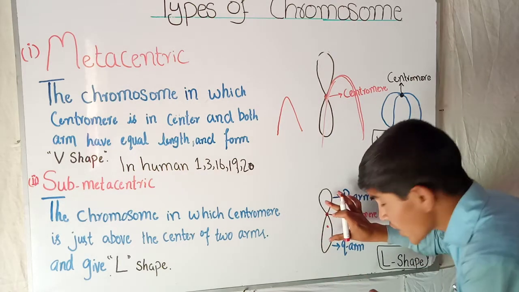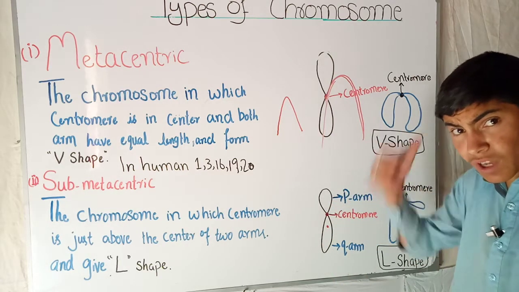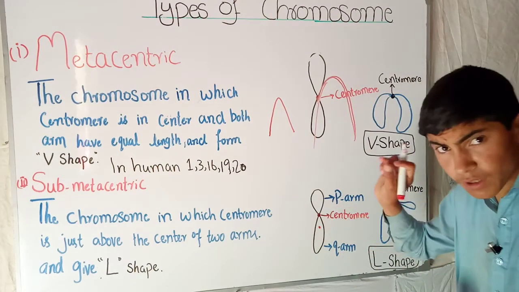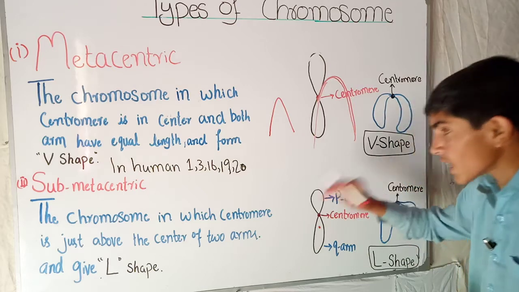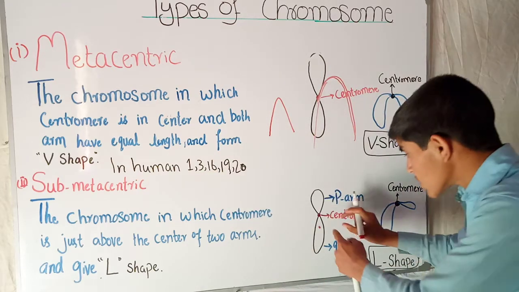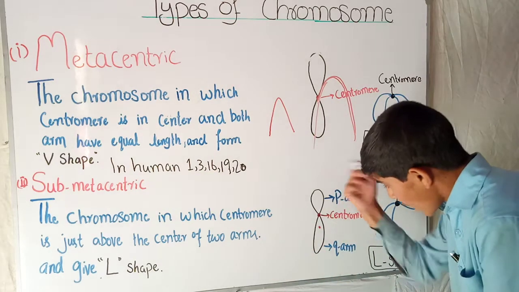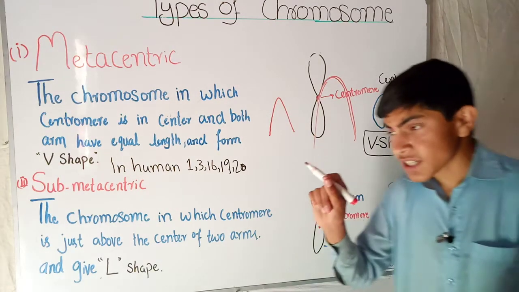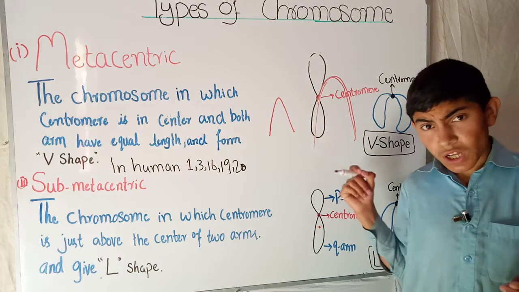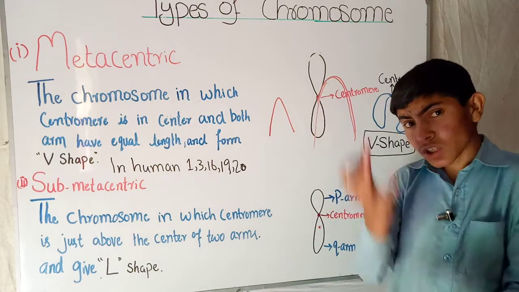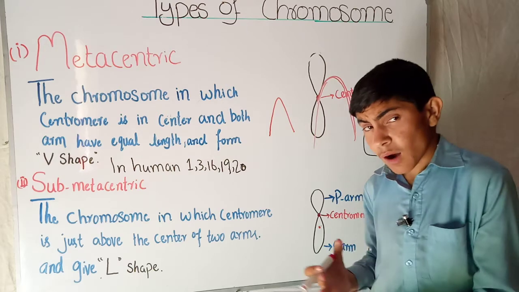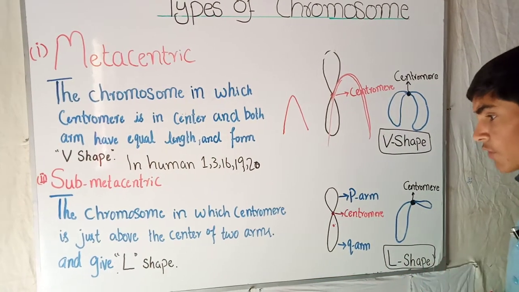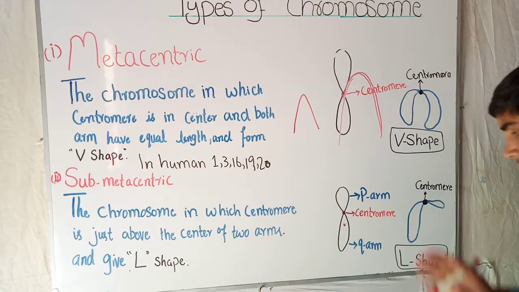If we imagine that both arms have equal length, we would place the centromere in this position, but in the submetacentric the centromere occurs just above it. You can see here it is above this. So in a submetacentric chromosome, the position of the centromere is just above the center, and it gives us the L shape.